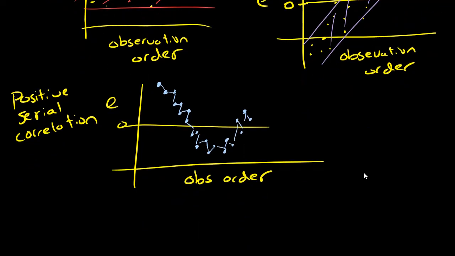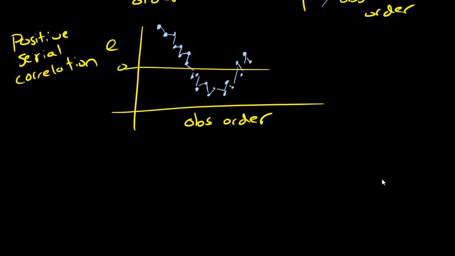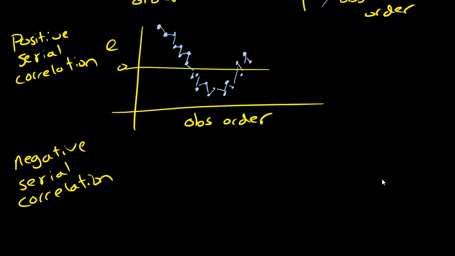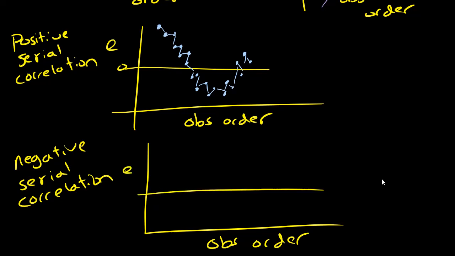Okay, and you could have a negative serial correlation. All right, so this is your observation order and your residuals. If you have a negative serial correlation, and I have a large positive residual, then the next one will be large and negative. If the next one is small and positive, then the next one will be negative and small. If the next one is large and negative, the next one will be large and positive.